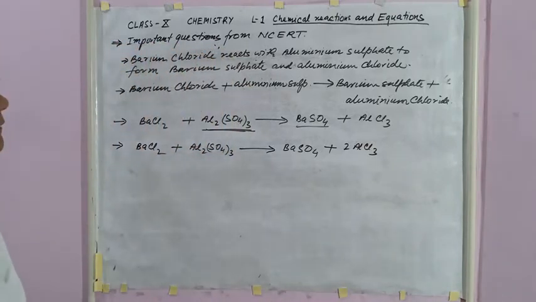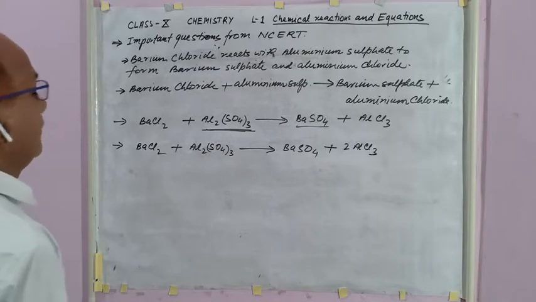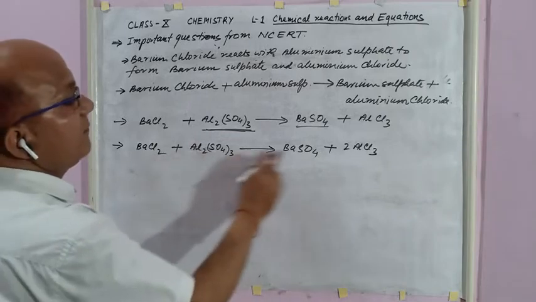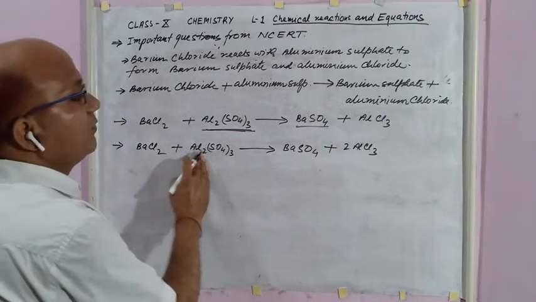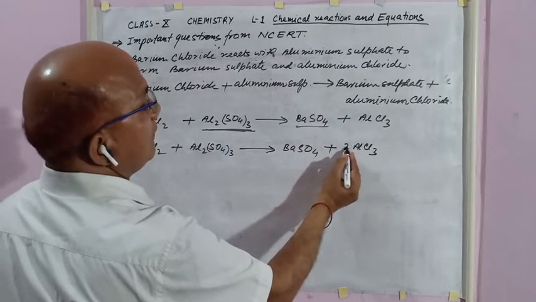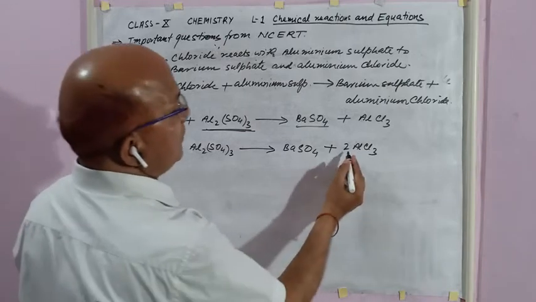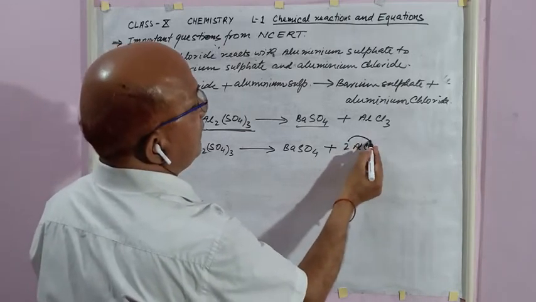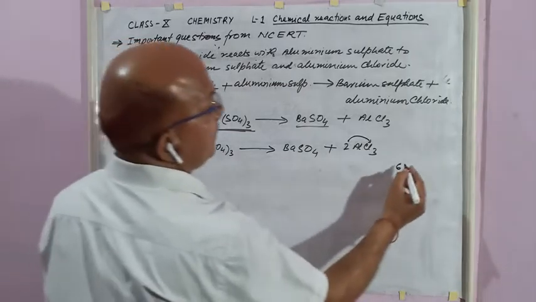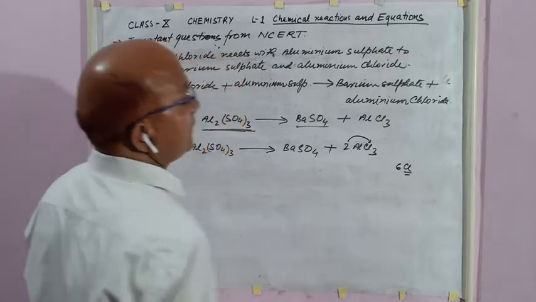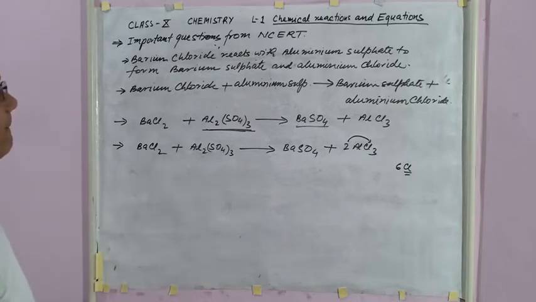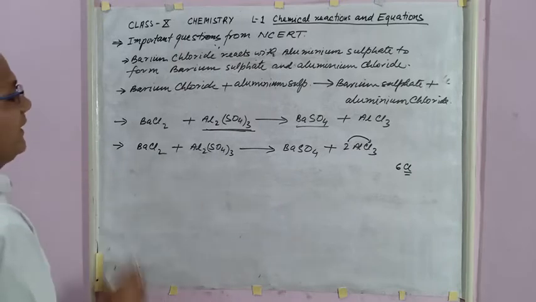Now we can see aluminium on both sides. There are two aluminium atoms on both sides, but what will happen to the chlorine atoms? You can see 2 3s are 6 Cl. There are 6 chlorine atoms on the right side, but on the left side there are only 2 chlorine atoms.